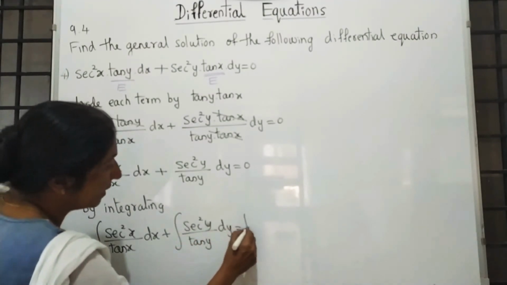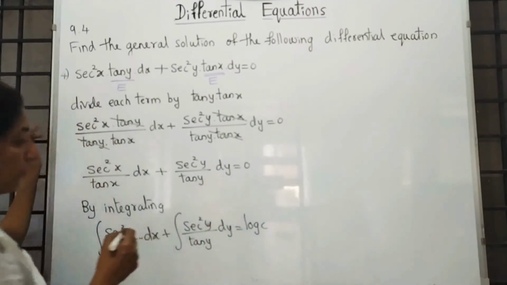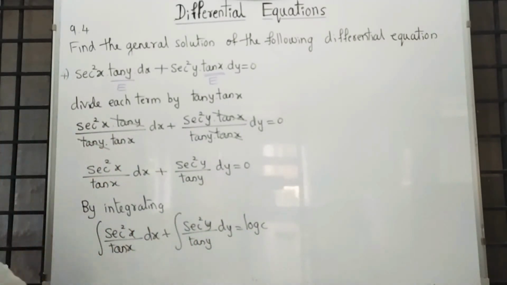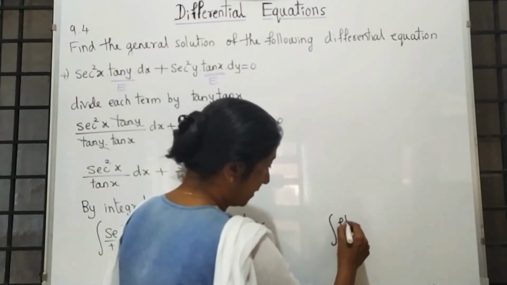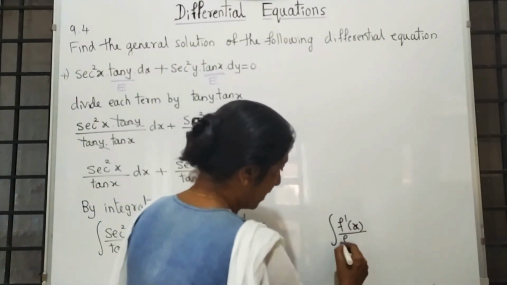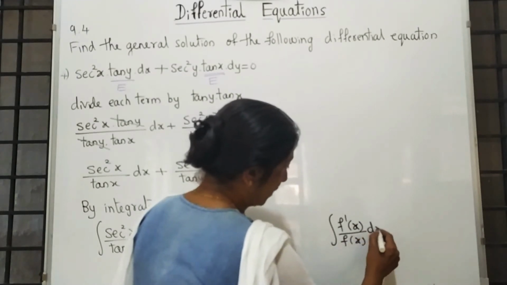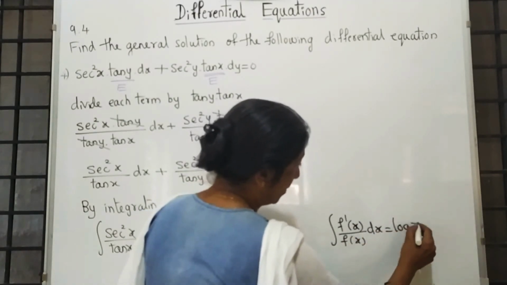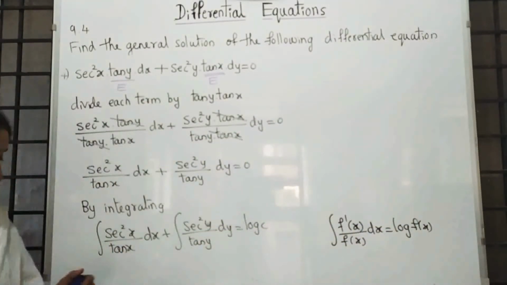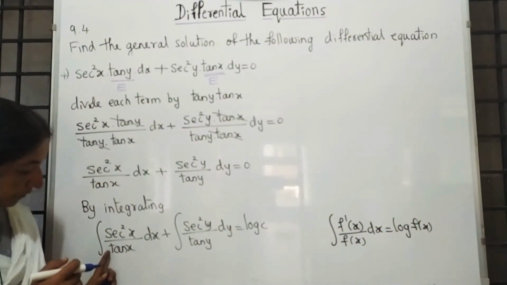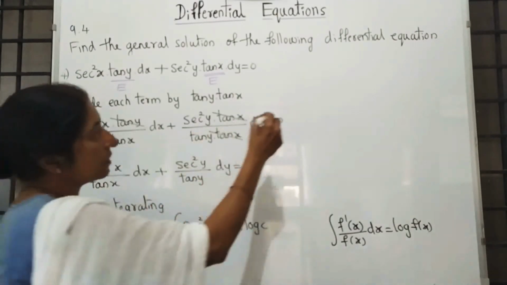That's why I am writing the constant also in the form of log. Why log? They are in the form of f dash of x upon f of x. See, that is the log of f of x. The meaning is the differentiation of denominator gives numerator. See, differentiation of tan x is secant square x.